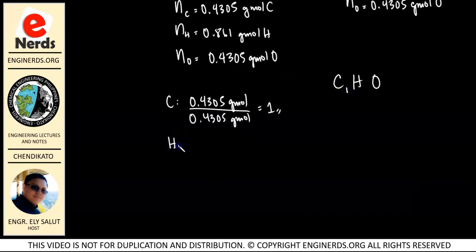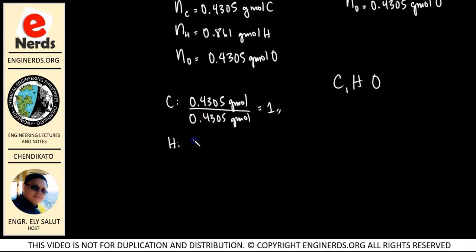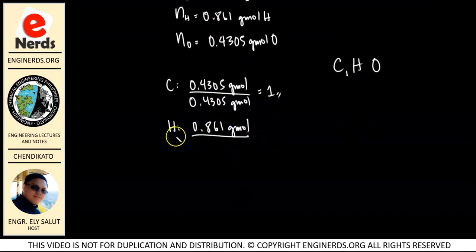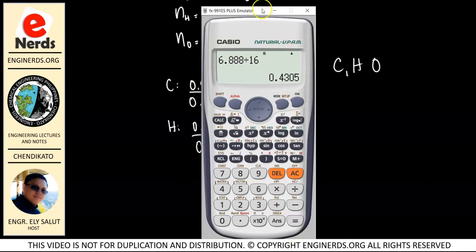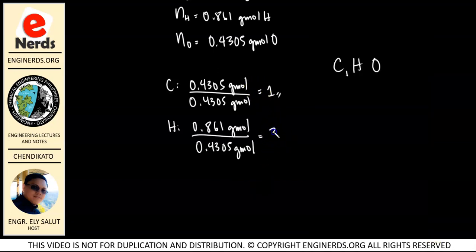For hydrogen, number of moles of hydrogen is 0.861. So, 0.861 gram mole divided by yung pinaka-lowest value natin, which is 0.4305 gram mole. So, this is equal to 0.861 divided by 0.4305, which is equal to 2. Our hydrogen is 2. Okay?